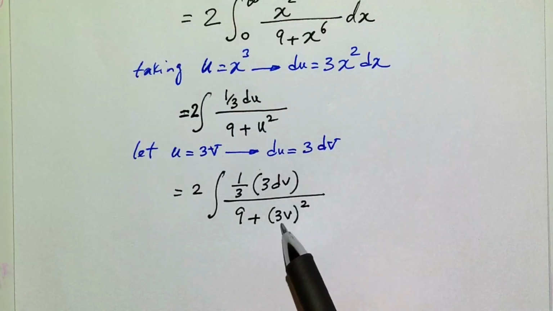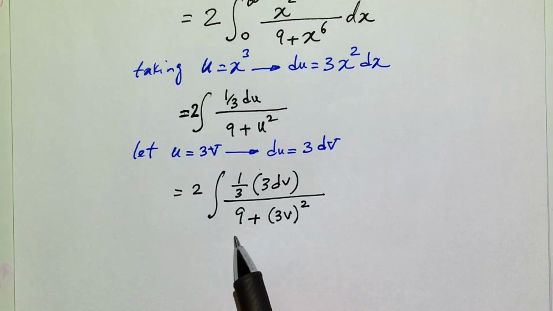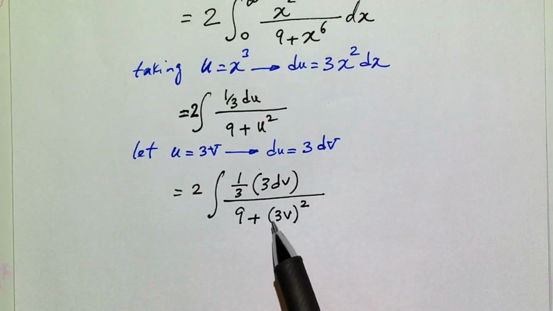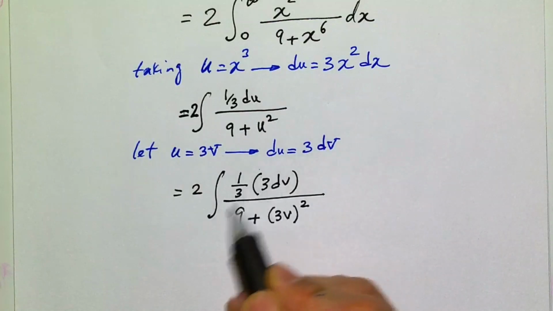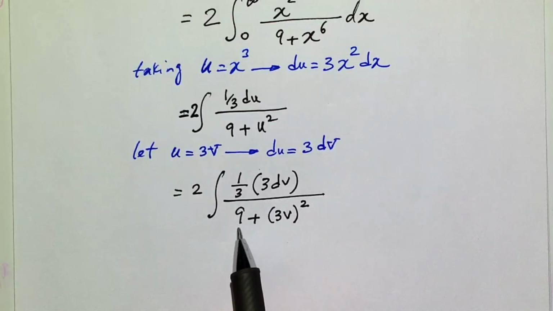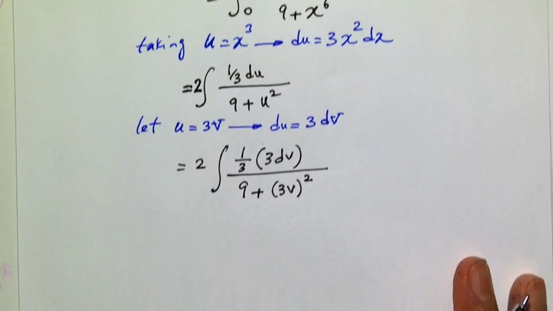So that would be 9v squared, and then we can factor the 9 out. By the way, this 3 and this 3 cancel each other out.